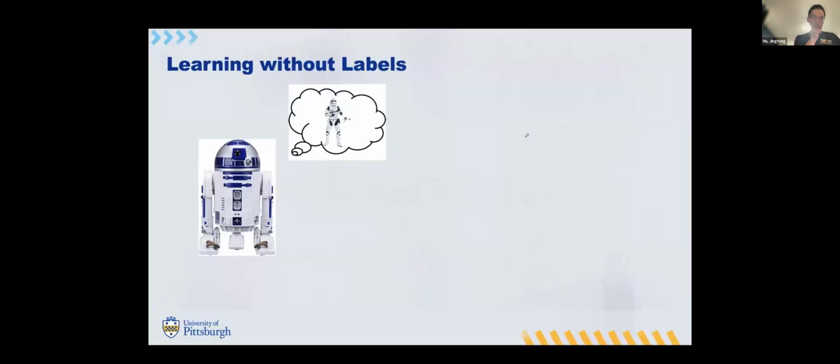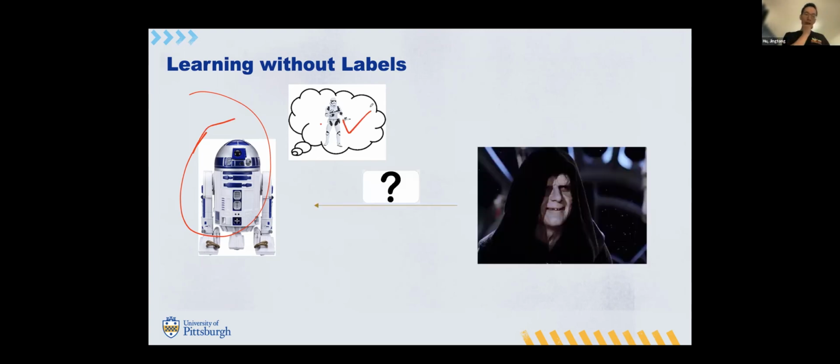The intuition behind this is, let's say this is a robot, R2-D2 from Star Wars, and let's assume it has a deep neural network on its device. It has probably already been trained to recognize all these enemies, right? But when you see a new enemy, can you learn that that's a new enemy?